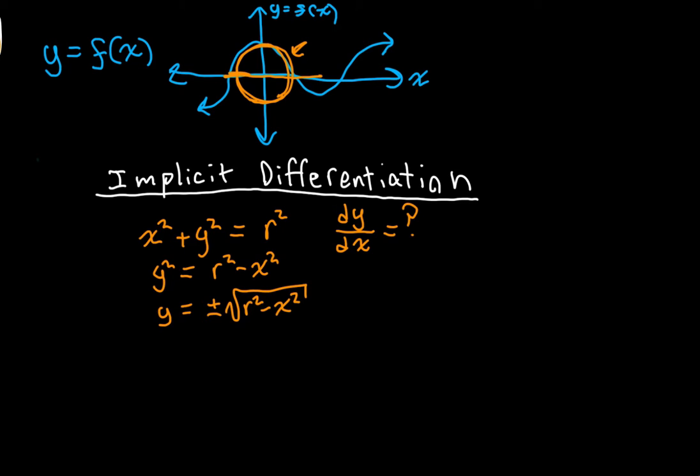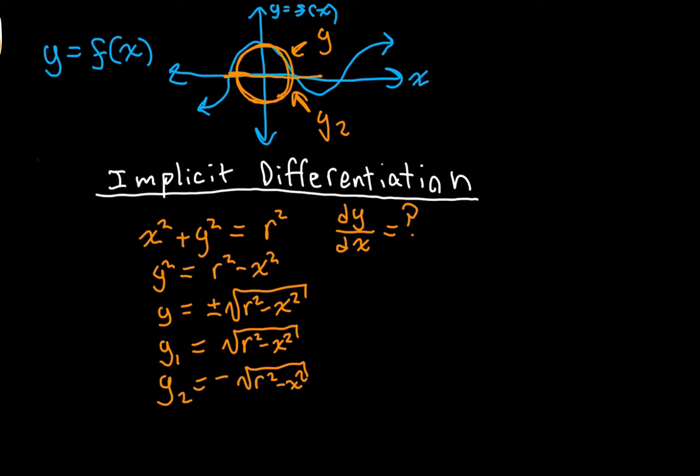And so we have some function, y1 is the square root of r squared minus x squared, and then y2 is the negative square root of r squared minus x squared. And those would define these two halves here, right? This would be y2, and this would be y1.